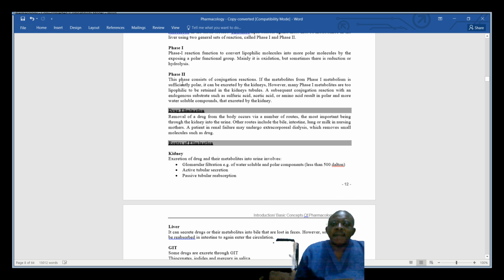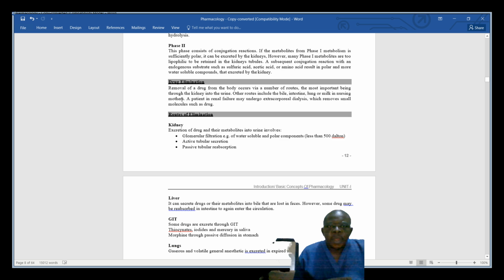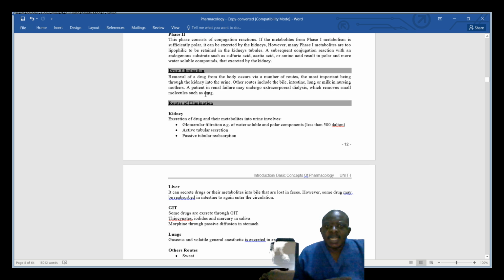Then if some metabolites are still lipophilic, we need the process of conjugation. The endogenous substrates important here are sulfuric acid, acetic acid, or amino acids. These expose the polar component so that they become water-soluble compounds and are excreted by the kidney.